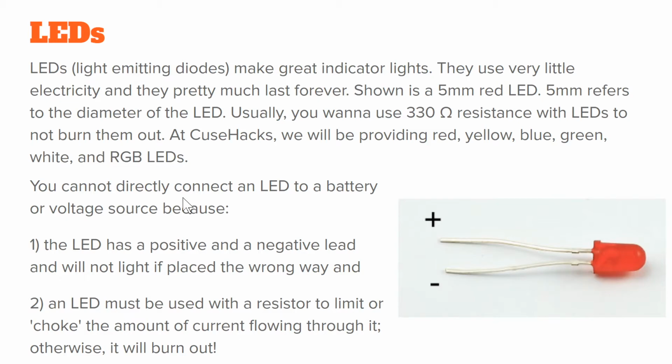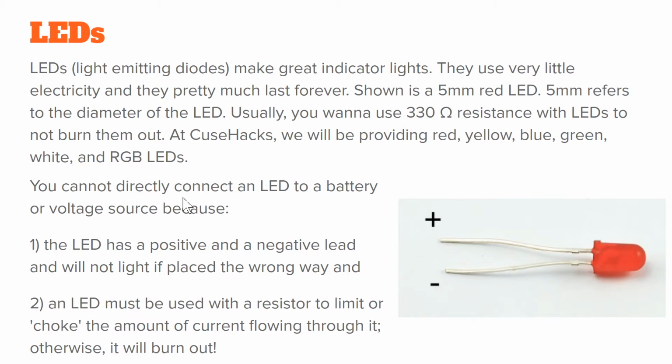So the 5mm just refers to the diameter. You can have really, really small ones or really, really big ones, but the ones we're providing are 5mm ones, so I'll focus on those. And usually you'll want to use about 330 ohms at least, just to ensure that you don't burn them out. So that's really the minimum that you want to go with. You can go higher, but it'll just make it dimmer, which I'll actually demonstrate as well.